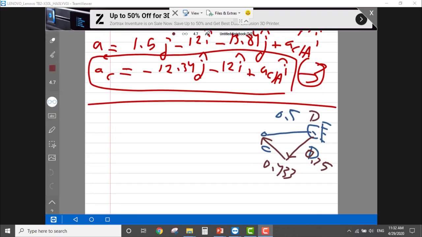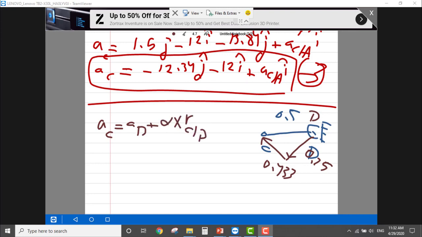Now to write the acceleration equation, we'll get it from relations given in section 16.7. So AC is equal to AD plus alpha cross product RC with respect to D minus omega CD squared RC with respect to D. AD is equal to 0.